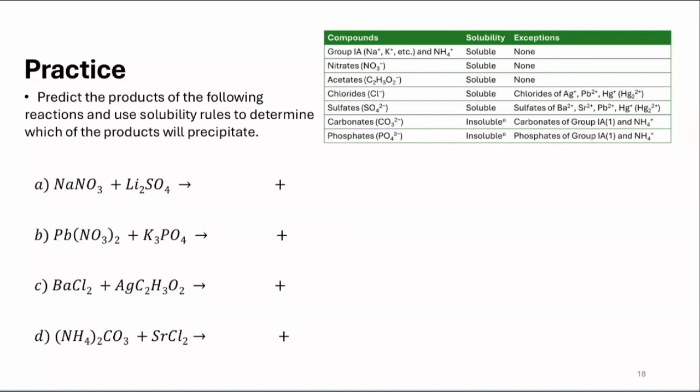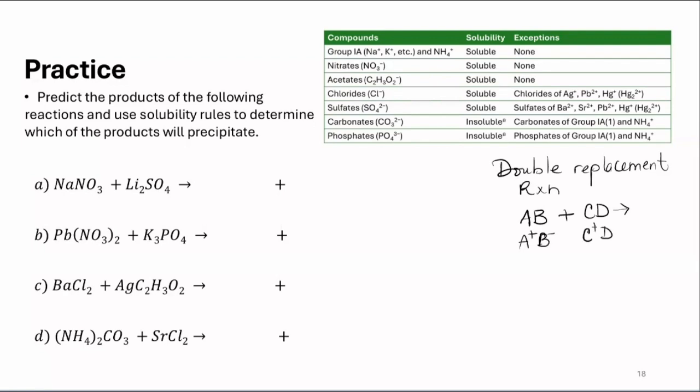In order for us to predict the products, let's remind ourselves that in a double replacement reaction, we have an ionic compound that can be represented by letters A and B, combined with an ionic compound that can be represented by letters C and D. Next, we are going to assume that letter A represents a cation, letter B represents an anion, and similarly, C is a cation and D is an anion.